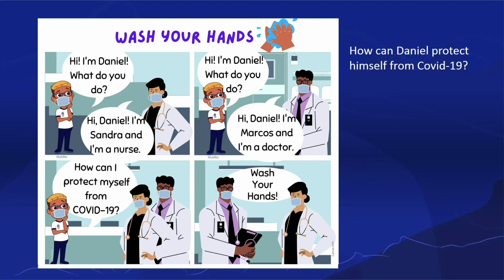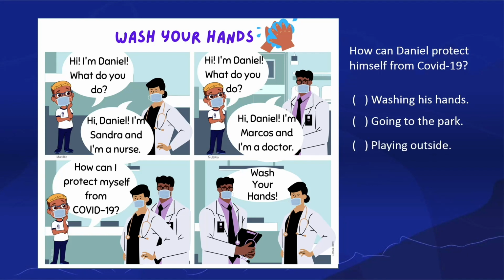Now, pay attention to the question. How can Daniel protect himself from COVID-19? Washing his hands, going to the park, playing outside. What's the answer? Washing his hands. Well done.